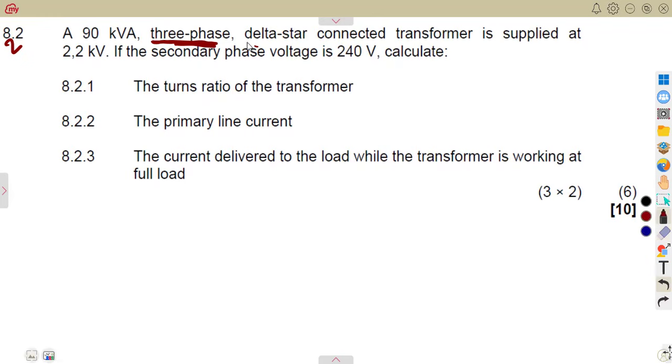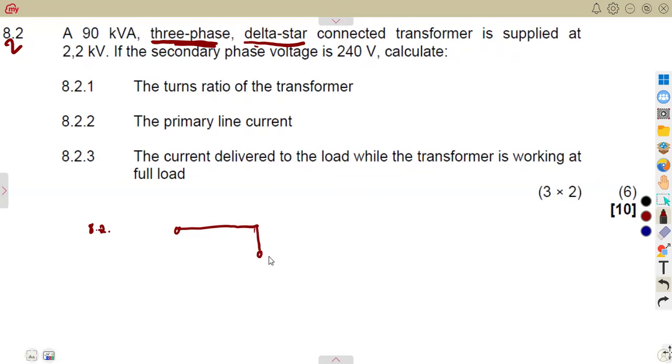We are given that this is delta star connected. So if it is delta star connected, it means what we are having on the input is a delta. So we are going to have this, that's 8.2. I'm just gonna have a sketch so that you will understand when I explain later on.